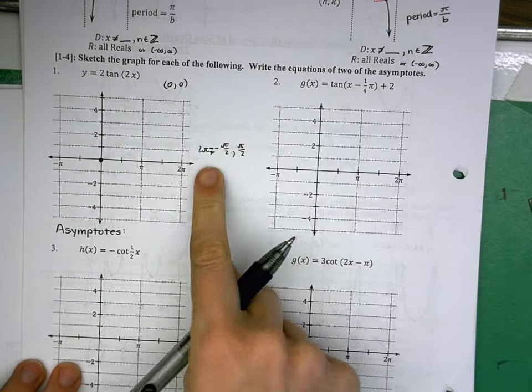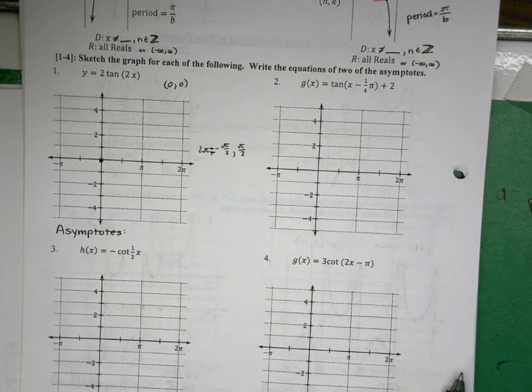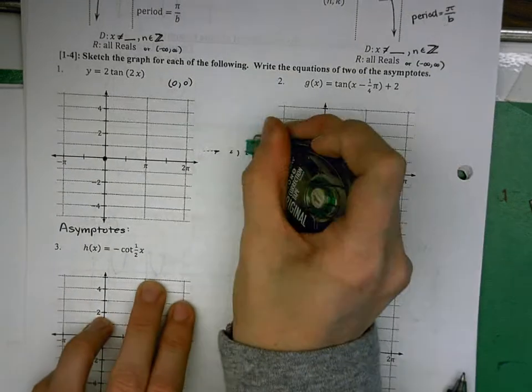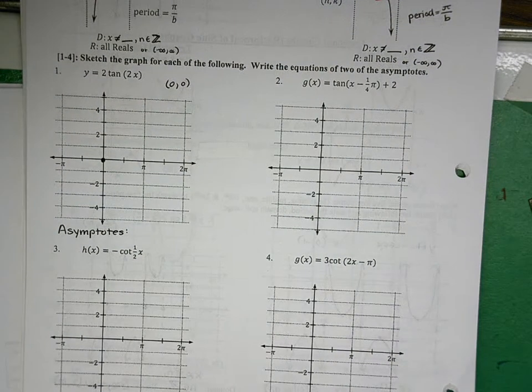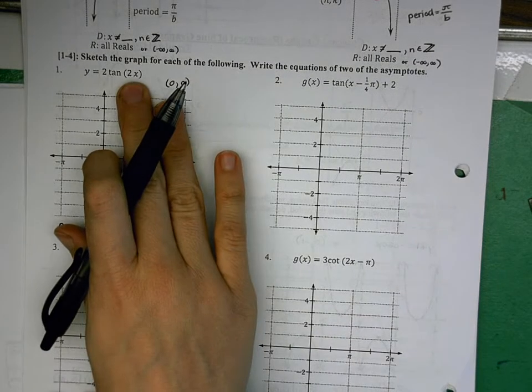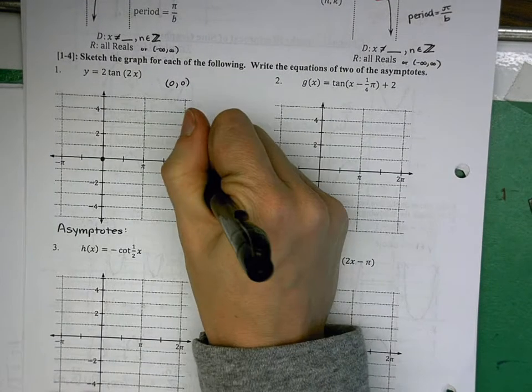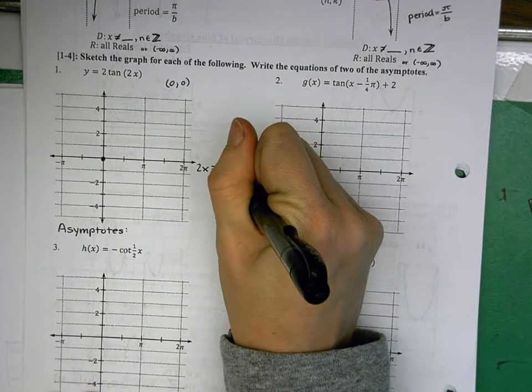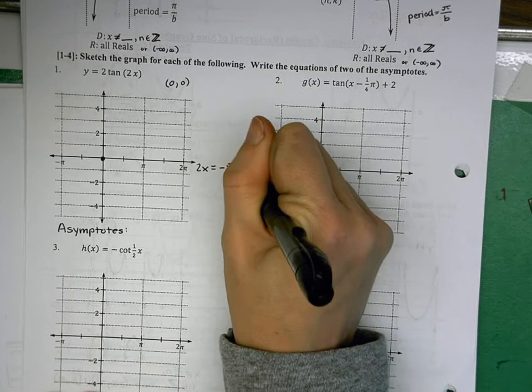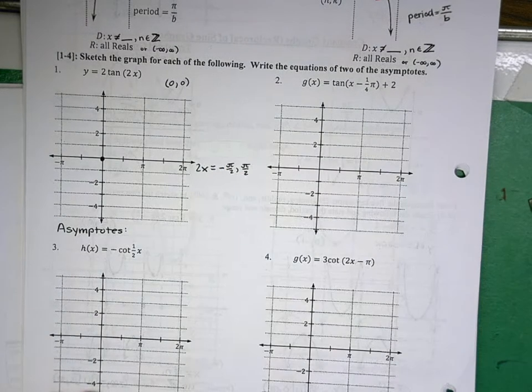Goodness sakes, I'm sorry, let me rewrite that. I started to talk about pi over 2 and negative pi over 2 before I had actually finished writing my problem. So let me start again. Asymptotes, when your guts, which in this case is 2x, equals your asymptotes. For tangent, asymptotes are at negative pi over 2 and pi over 2. There we go. That's better.